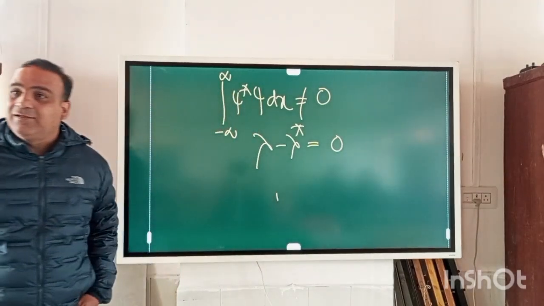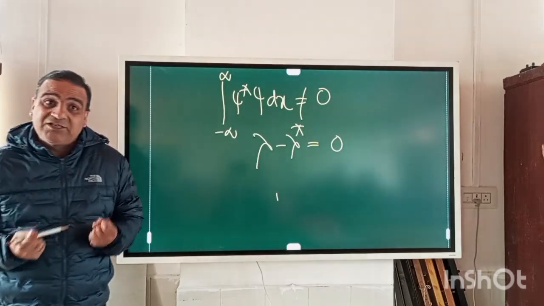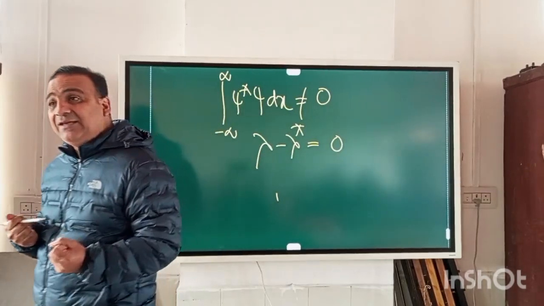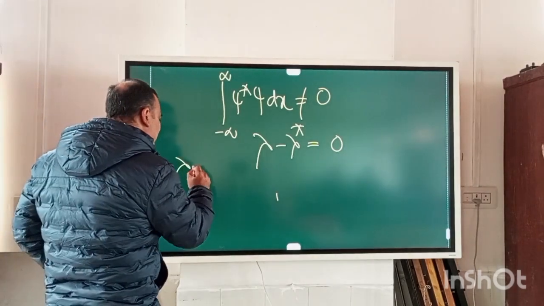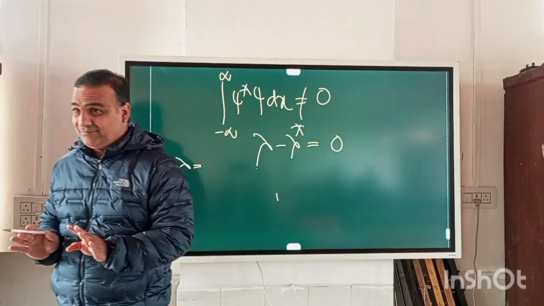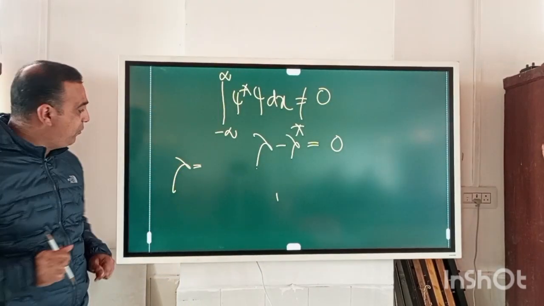But what's my presumption? What am I supposed to prove? I'm supposed to prove that the number that you will get is a real number, right?